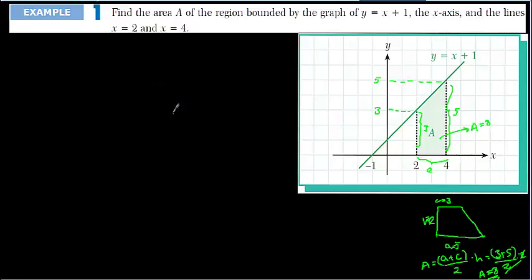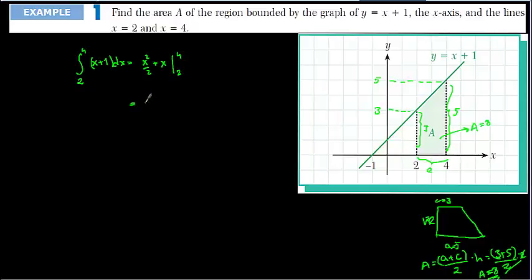Now, what is the integral from 2 to 4? The function above the area is x plus 1, so it's the integral of x plus 1 dx. The integral of x is x squared over 2, and the integral of 1 is x, from 2 to 4.